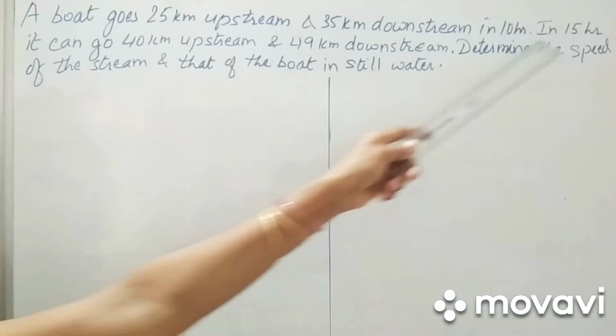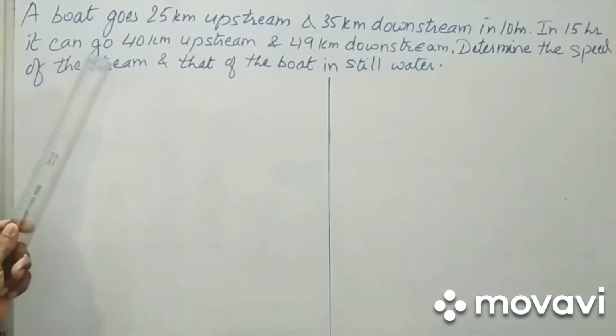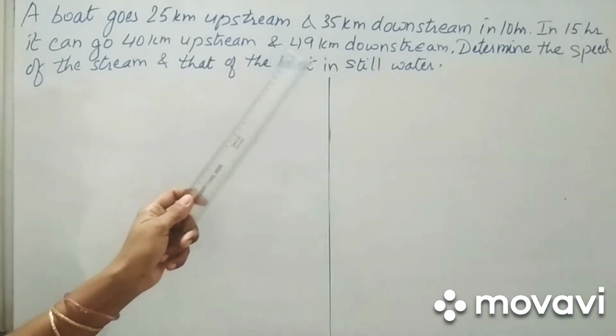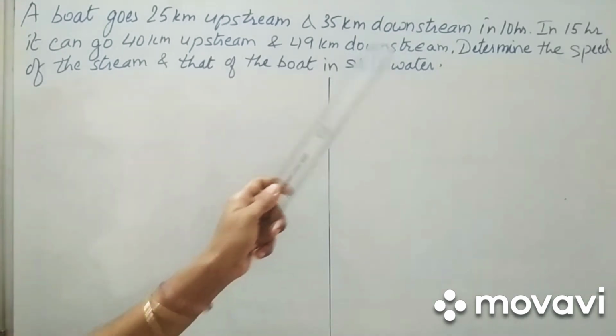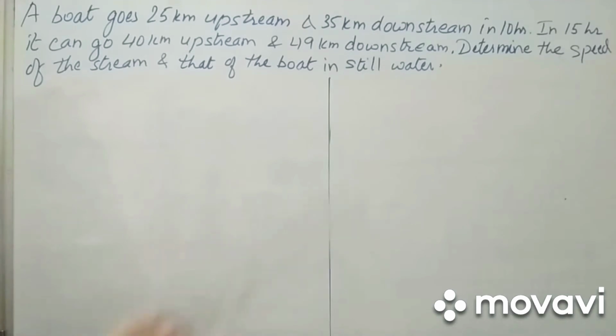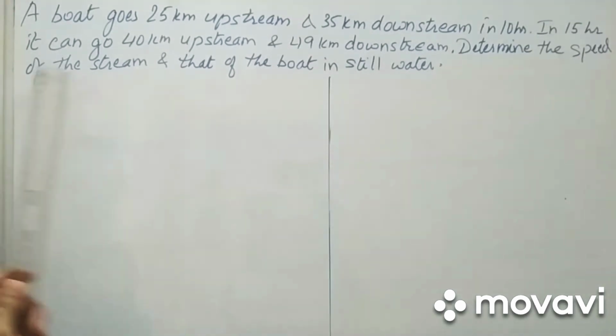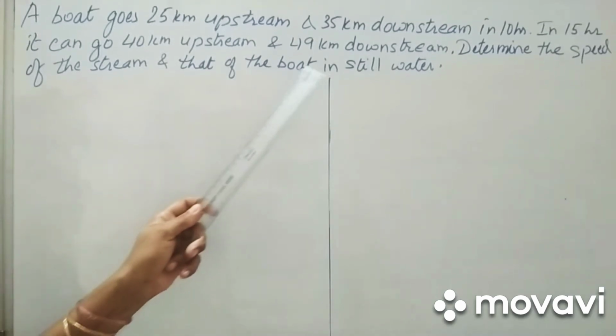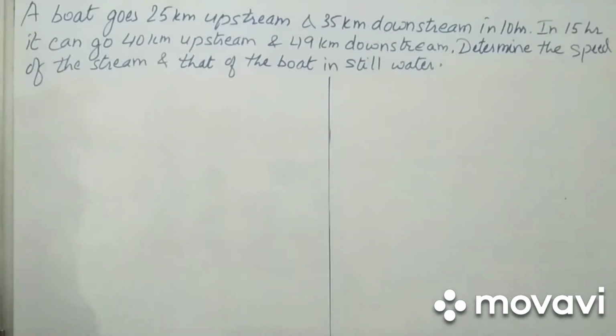In 15 hours it can go 40 km upstream and 49 km downstream. Determine the speed of the stream and that of the boat in still water.